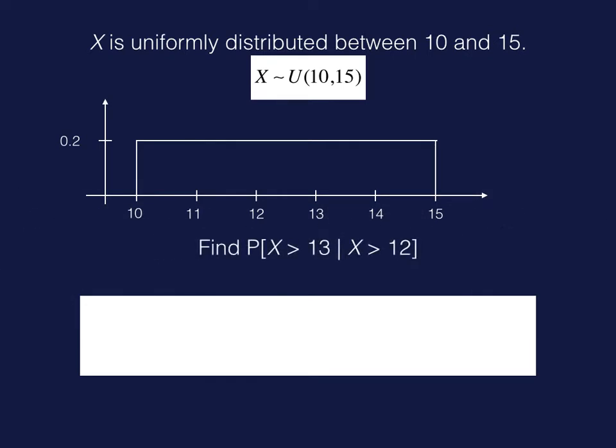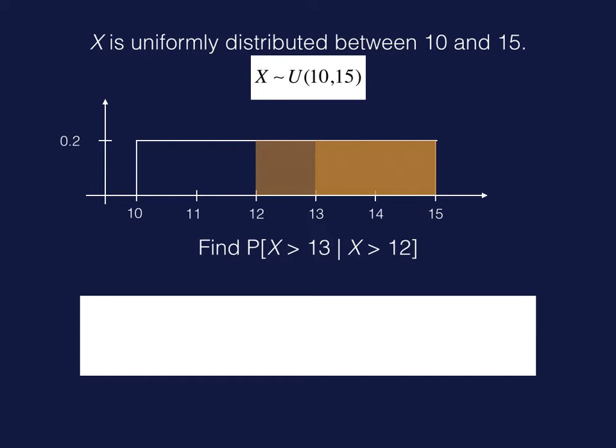Let's do a conditional problem. The probability that x is greater than 13 given that x is greater than 12. I'm going to highlight the given statement. That's x greater than 12. And then I'm going to highlight the probability statement. And where they overlap is the numerator of the fraction.